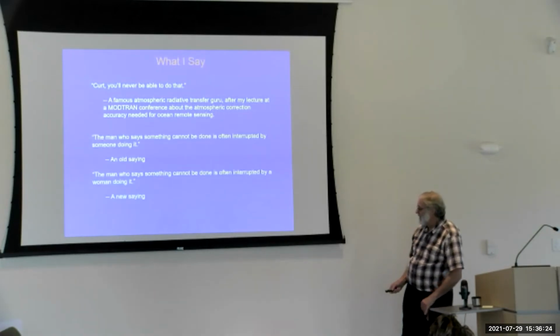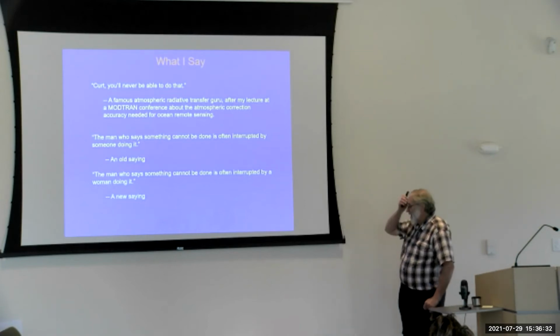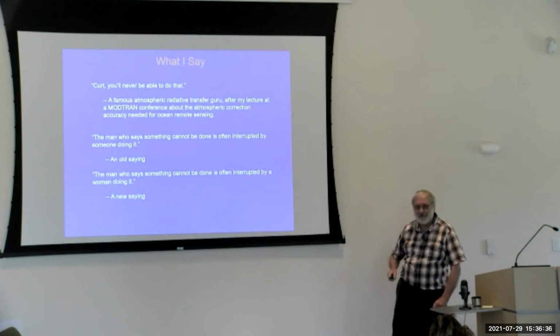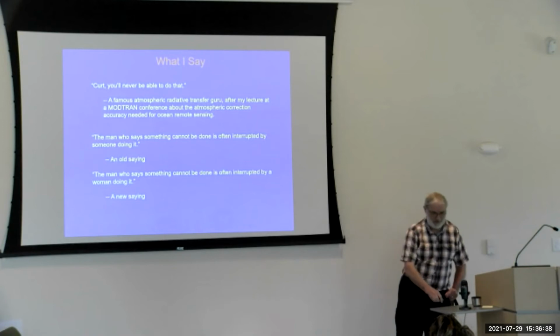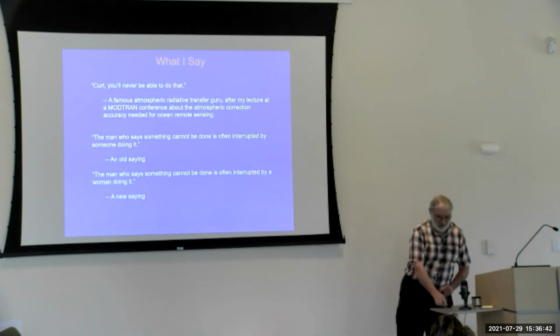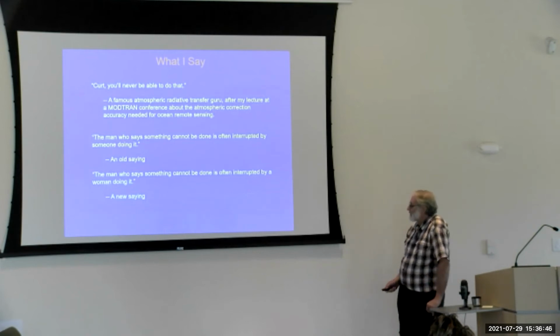My response is, the man who says something cannot be done is often interrupted by someone doing it. That's an old saying. The modern version, which I like better, is the man who simply says something cannot be done is often interrupted by a woman doing it. So anyway, NASA's doing this, and it works pretty darn well, and we'll see how NASA does it tomorrow.